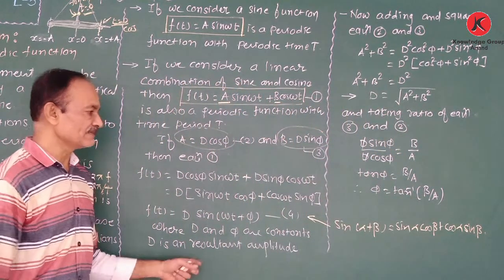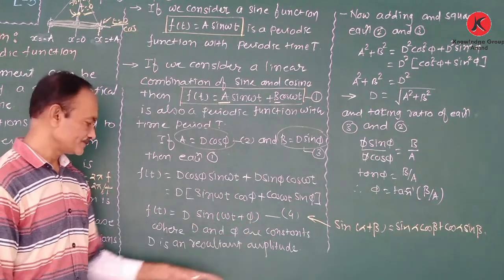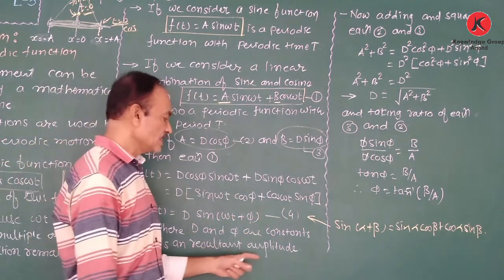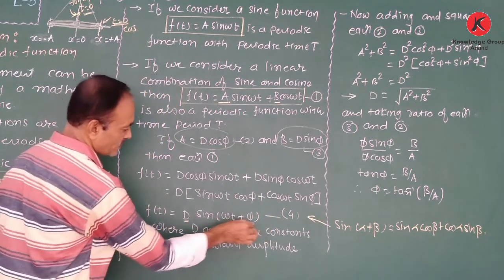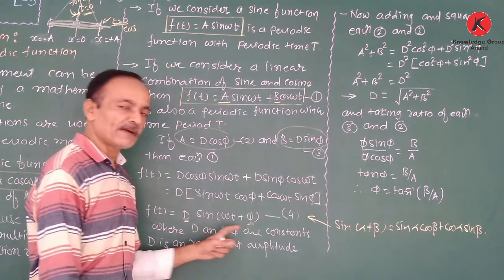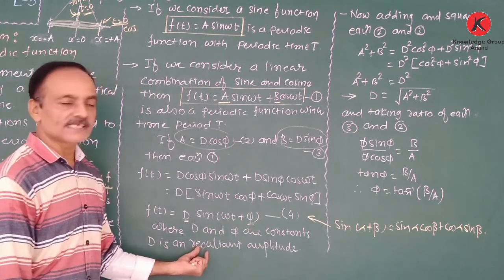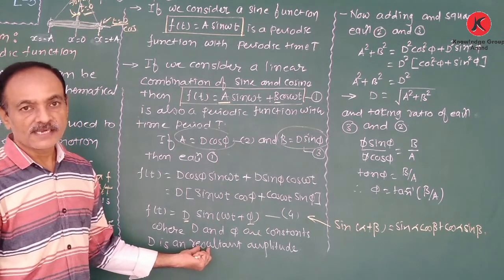Here we are using this mathematical concept to attain sin(omega t plus phi). D is a resultant amplitude. Here D and phi are constants. D is the resultant amplitude and phi is the initial phase.